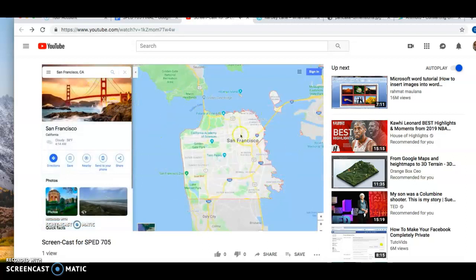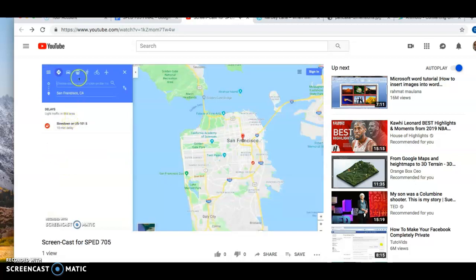And here on the map, it shows us an area of San Francisco. In order to find out the distance between San Francisco and New York, we're going to click on this blue button here, Directions. We're going to write New York City as our starting point. And again, we're going to click on the first top one right here.